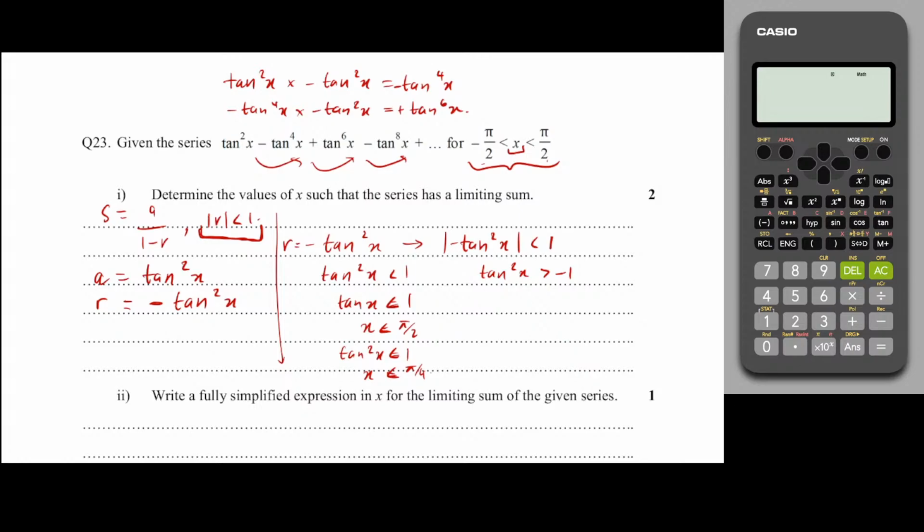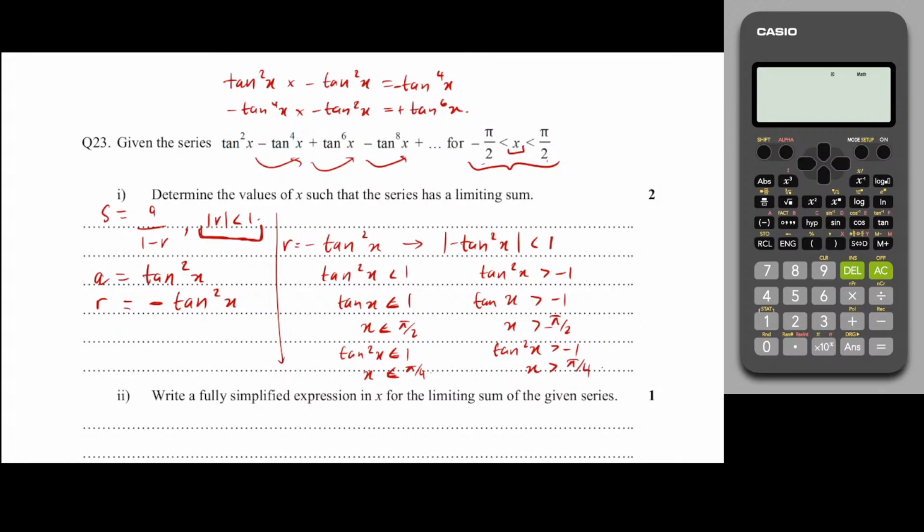So when is tan squared x greater than negative 1? Well, if tan x is greater than negative 1, when x is greater than negative pi on 2. So tan squared x is going to be greater than negative 1 when x is greater than negative pi on 4.